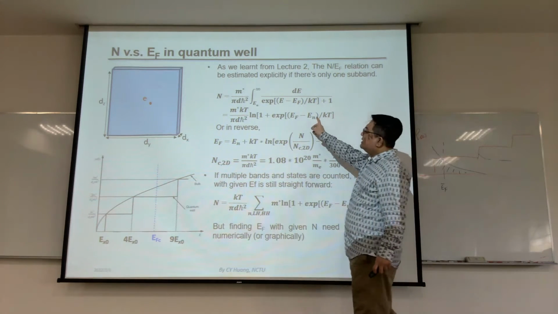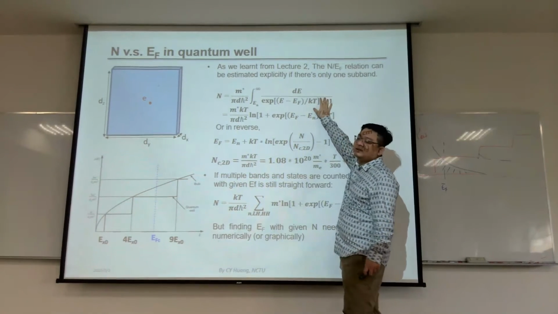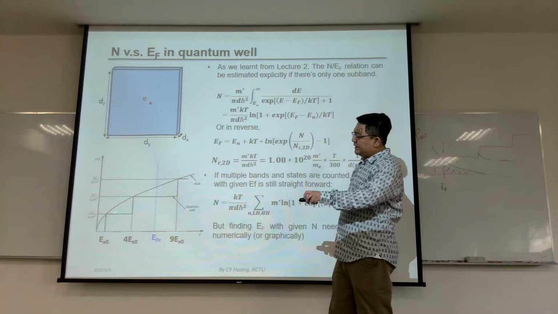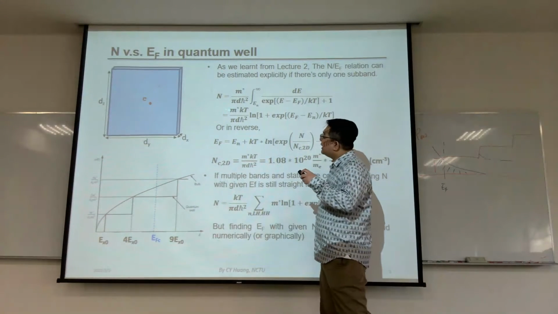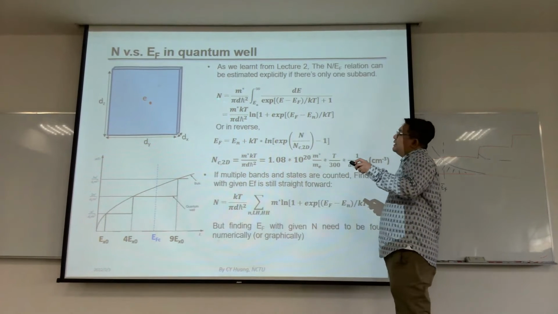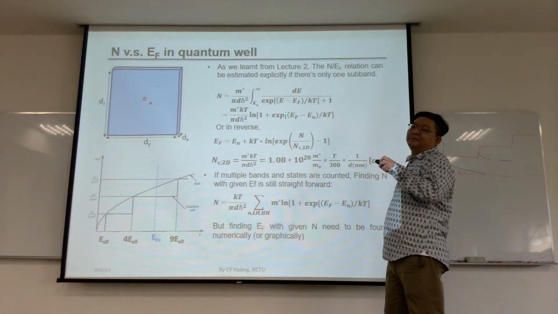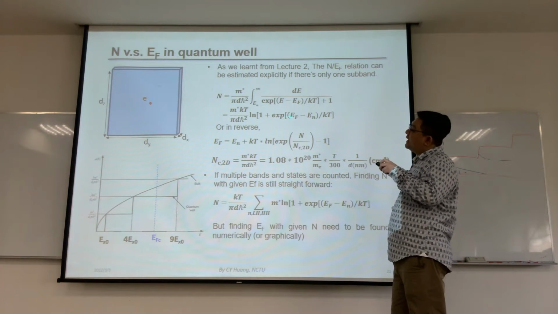Alright, anyway. So this is the integral. If we only consider the contribution of the ground state, it is a constant. Then we have a direct relation between the carrier density and the position of Fermi level relative to the ground state. Then do some rearrangement.